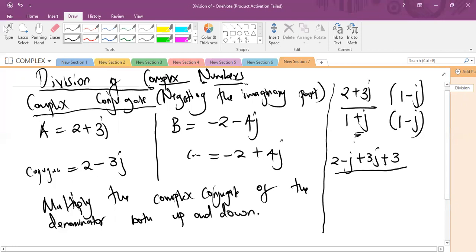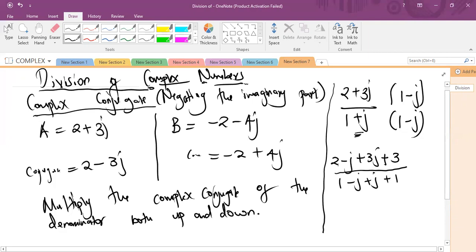All this divided by, we multiply this to 1 times 1, 1 multiplied with minus j will be minus j, this and this will be plus j, and then j multiplied with minus j will be minus j squared, and j squared is minus 1, so minus this will give us plus 1.